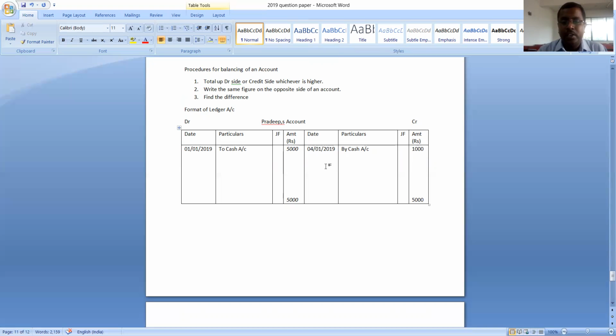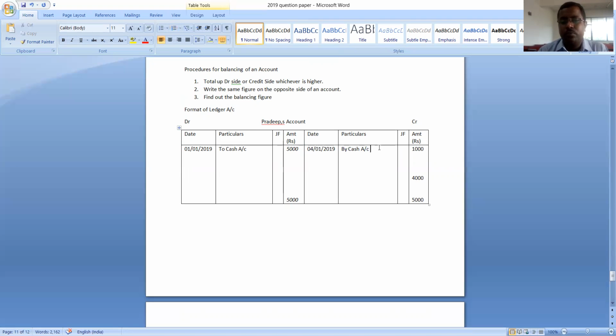Here, see, 5,000 and 5,000, no balance. But here it is 5,000 and 1,000. How much is the balance? 4,000 rupees is the balance. So find out the balancing figure.